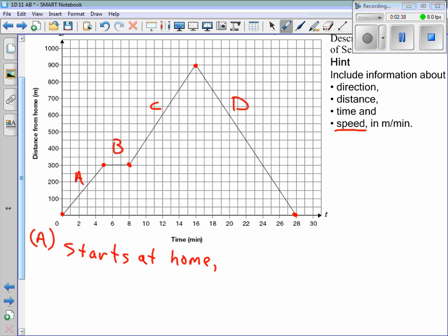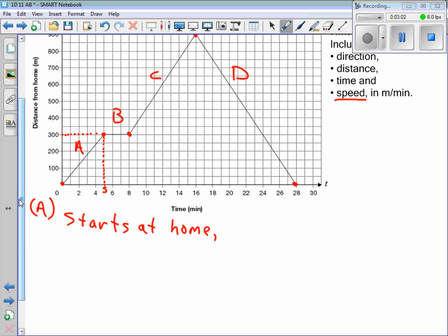What direction is she going? Her distance from home is increasing, so she's moving away from home. Then we can look at how long it takes her and how far she goes. We can just read these off the x and y-axis. This section lasts for 5 minutes, and at the end of it, she's gone 300 meters.